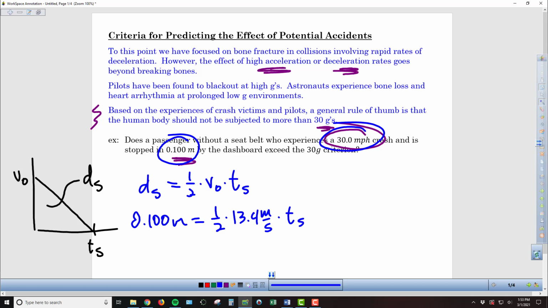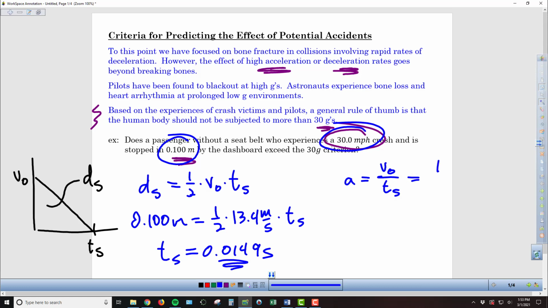And so that allows us to solve for that stopping time, which in this case, if we solve for T sub s, we get 0.0149 seconds. So with that now, we can figure out what our deceleration is, because our acceleration is going to be our change in velocity, which is just whatever speed we were driving at the time of the accident, divided by our stopping time.